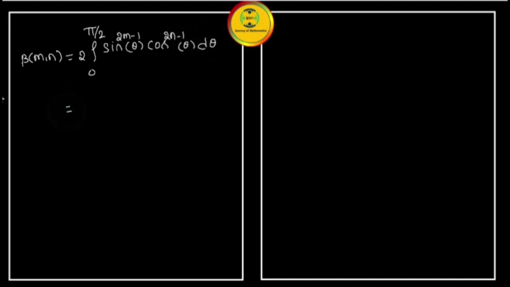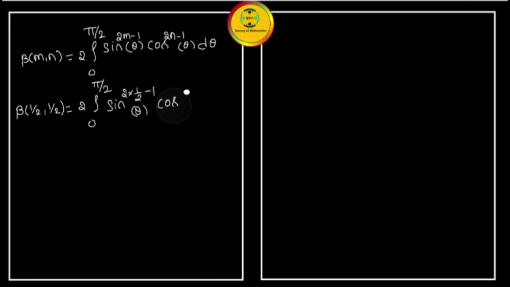That means I am going to replace m and n as half comma half in this integral. So 2 into integral 0 to pi by 2, sine power 2 into 1 by 2 minus 1 theta into cos power 2 into 1 by 2 minus 1 d theta.